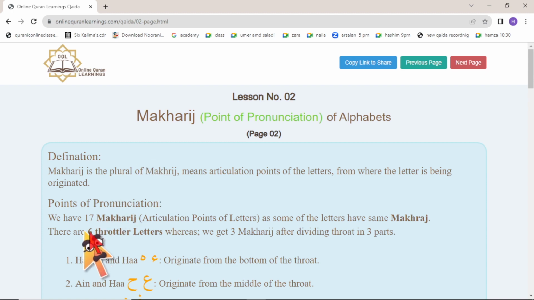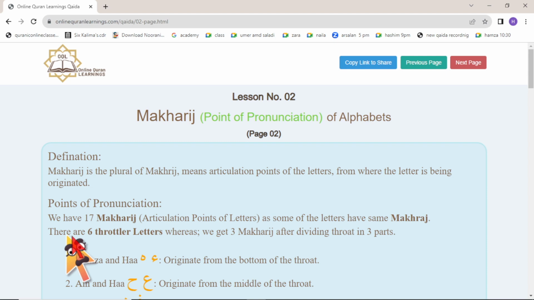There are 17 makharij, meaning articulation points of letters, and some of the letters have the same makhrij. There are 6 throated letters, whereas we get 3 makharij after dividing the throat in 3 parts. These 6 letters are pronounced from our throat.